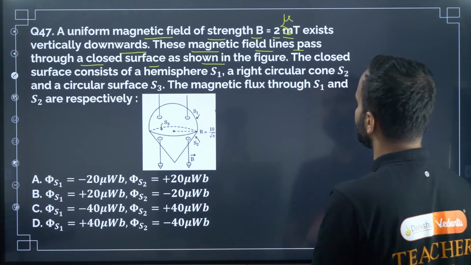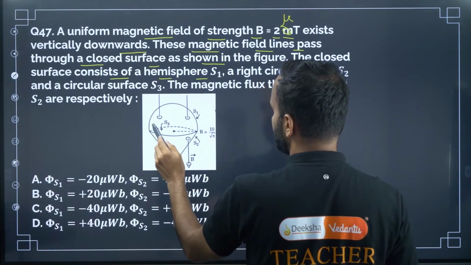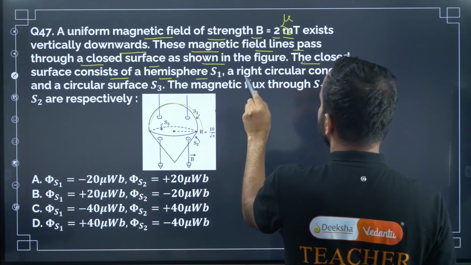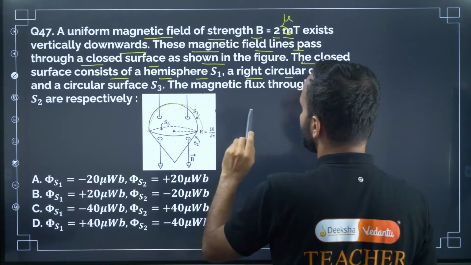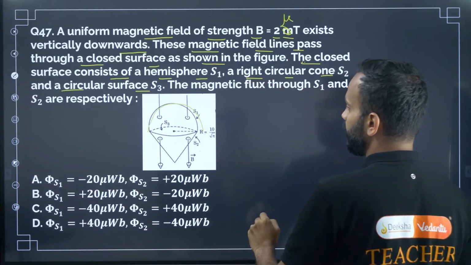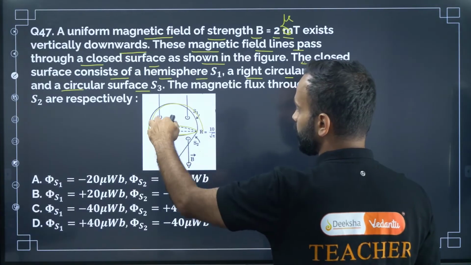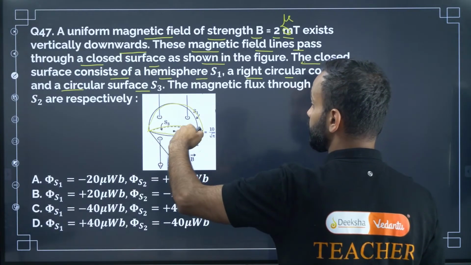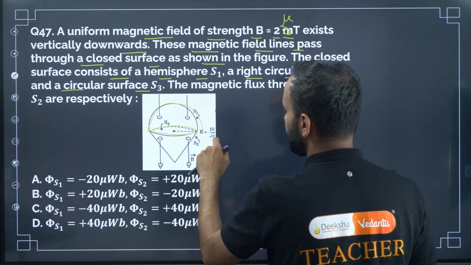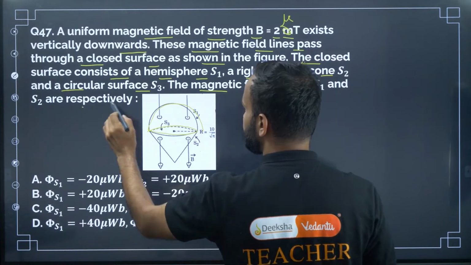The closed surface consists of a hemisphere S1, a right circular cone S2 and a circular surface S3. The surface area of the circular surface is S3 and the cone surface is S2. Find the magnetic flux through S1 and S2 respectively.